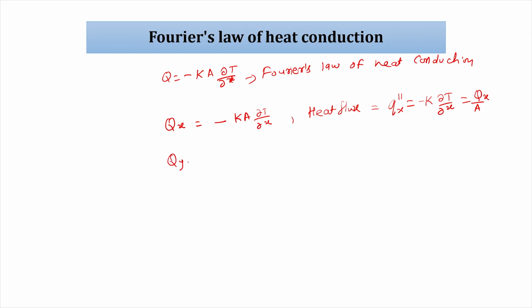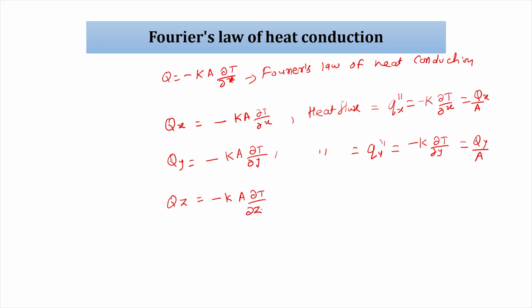Similarly, Qy equals minus K A del T by del y, and heat flux in the y direction is minus K del T by del y equal to Qy by A. Qz equals minus K A del T by del z, and heat flux qz double dash is minus K del T by del z, equal to Qz by A. These are the heat fluxes.